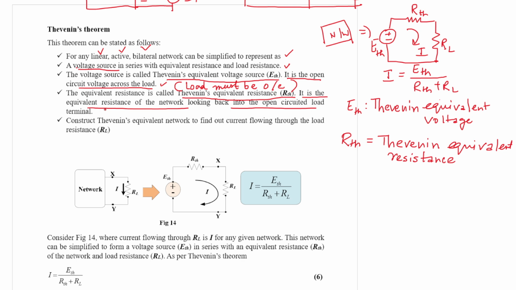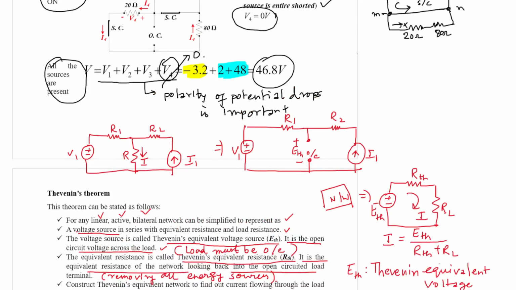Provided another additional condition: removing all energy sources. Now when you calculate RThevenin, you need to calculate the equivalent resistance of the network from the load terminal.